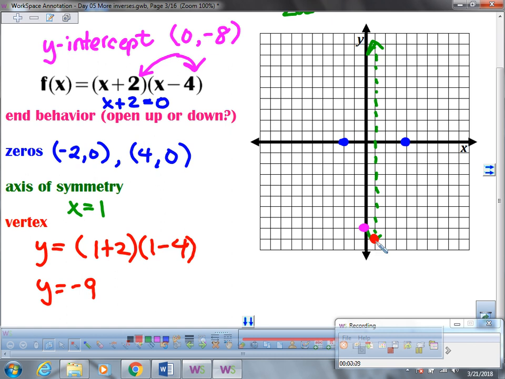She did our magic numbers in reverse. She said, I know that if I had my vertex, if I went over 1, I'd go up 1. And if I went over 2, I'd go up how much? So it's over 1, up 1, and then if I square 2, I get 4, and if I square 3, I get 9.